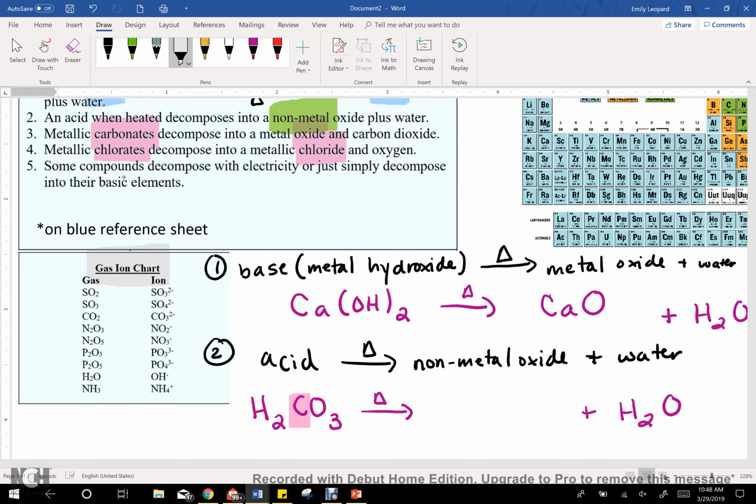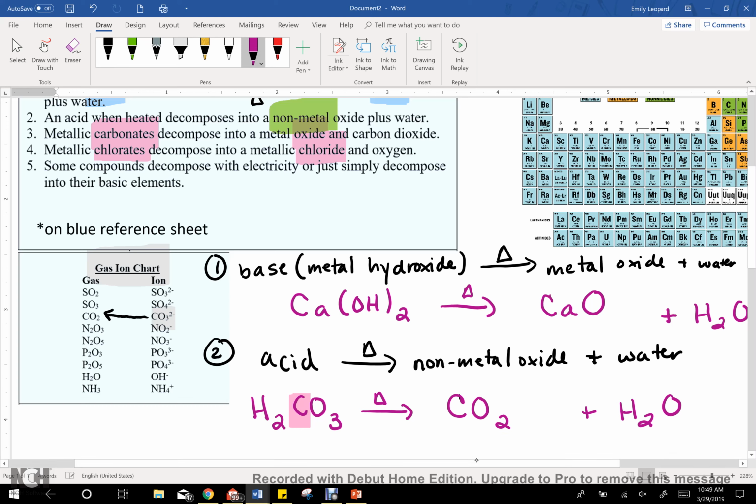So here I was starting with carbonate, and what it shows me is that my non-metal oxide will be carbon dioxide. And it kind of makes sense because here I've already used up 1 oxygen in my water, so I should technically only have 2 left from my carbonate.